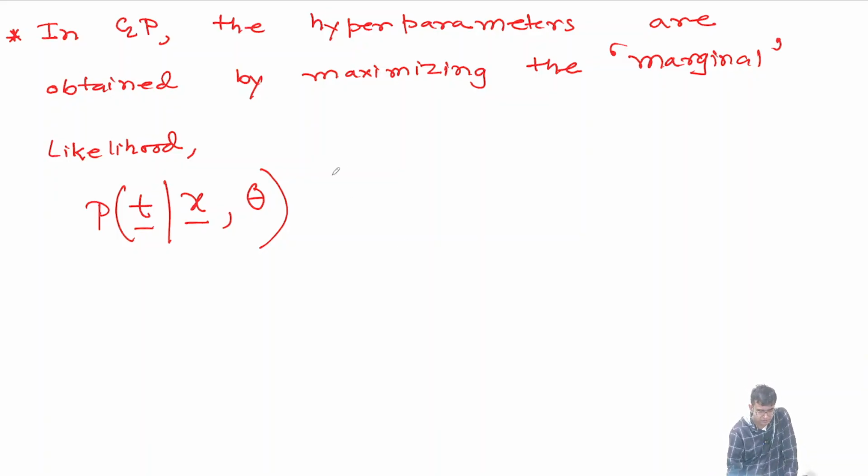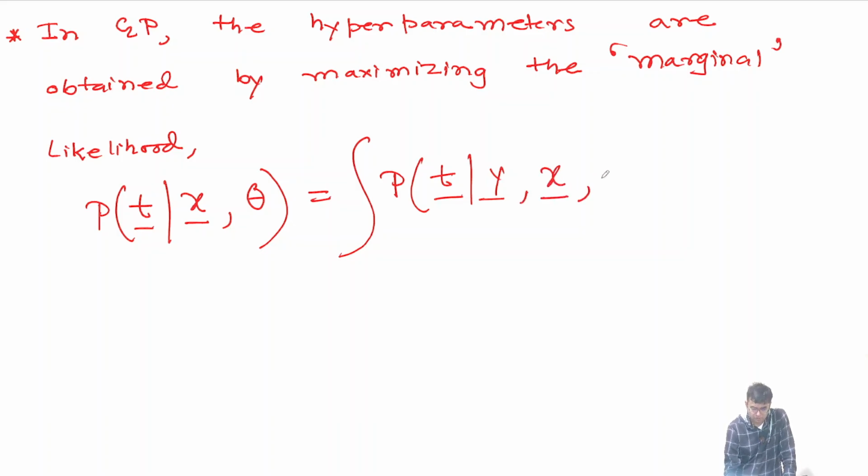So this is equal to, let's see if it makes sense to you or not. Probability of t bar given y bar comma x bar comma theta. Now all this theta might not be controlling this, but I am writing it, multiplied by probability of y bar given x.